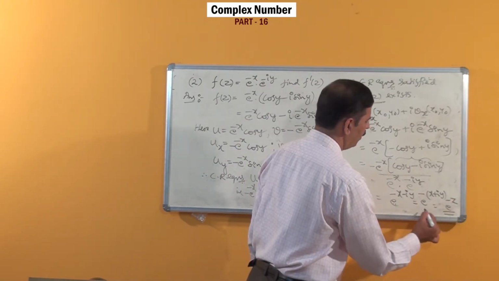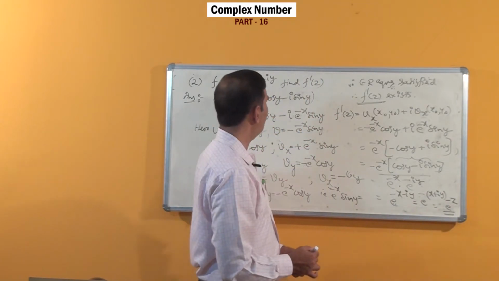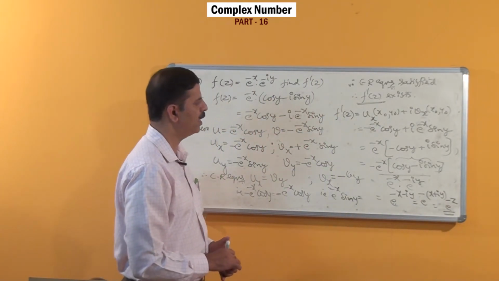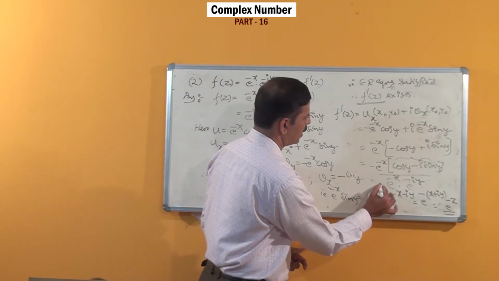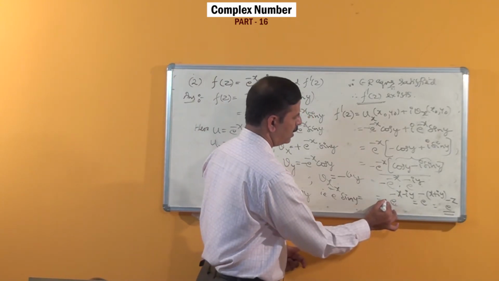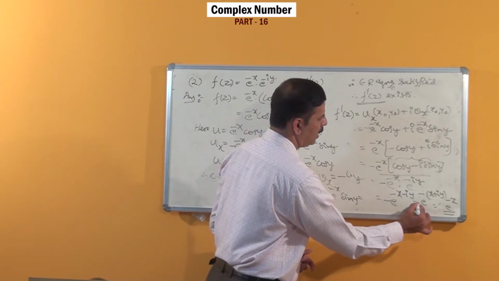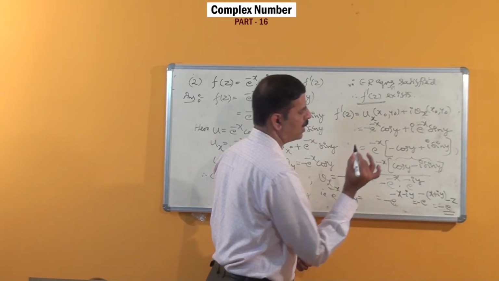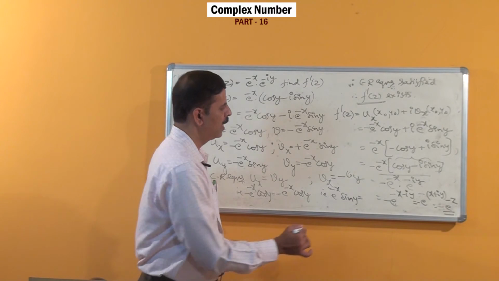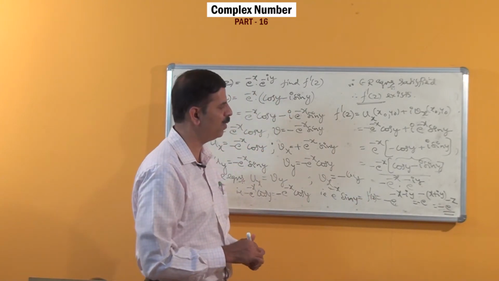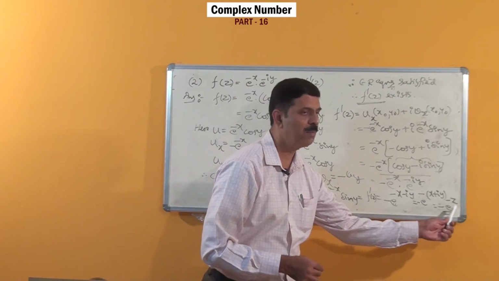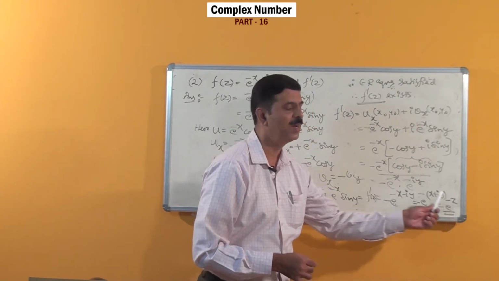Therefore the derivative of the function, f dash of z, in the most simplified form, is minus e power minus z, right.